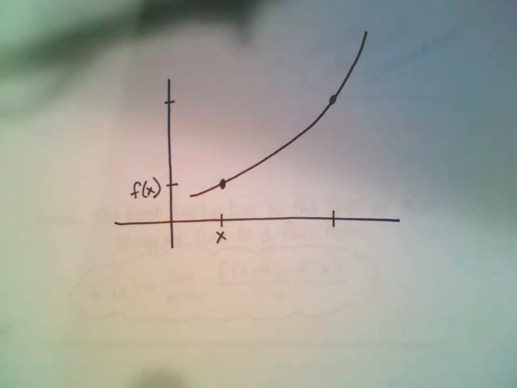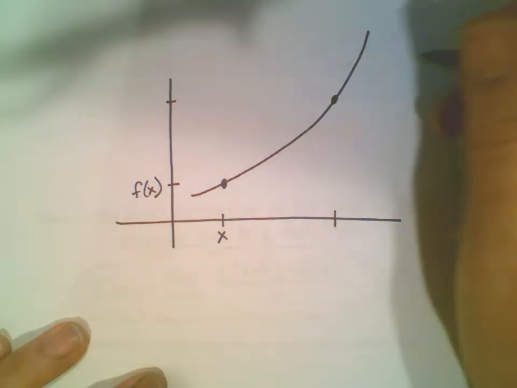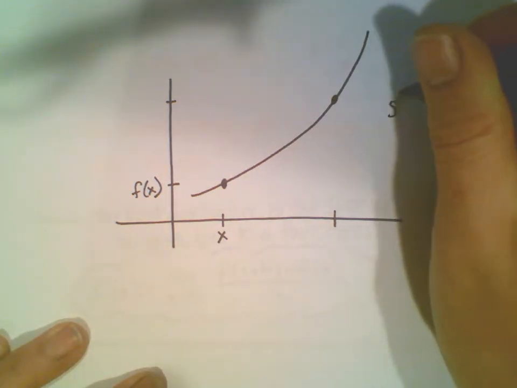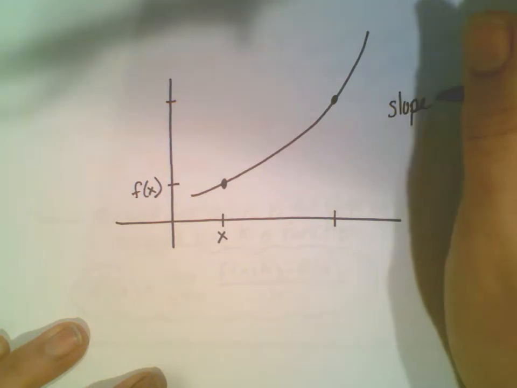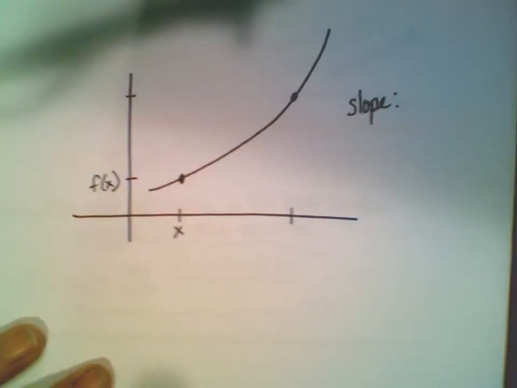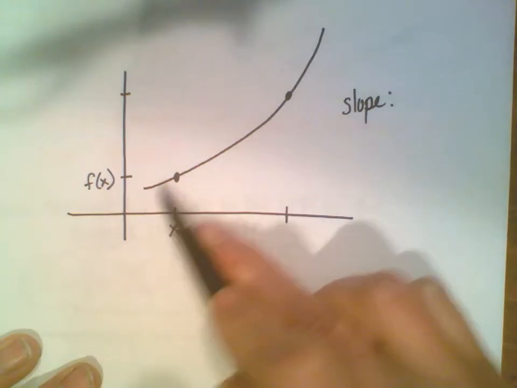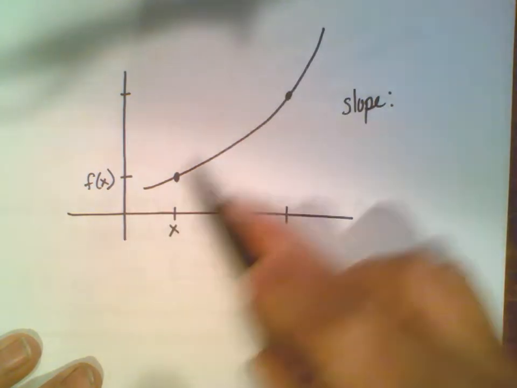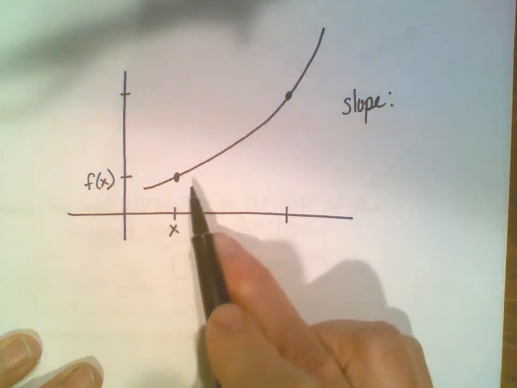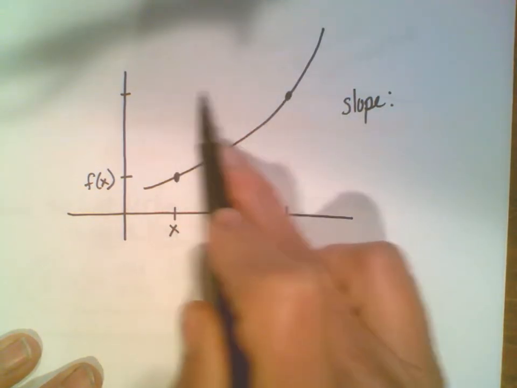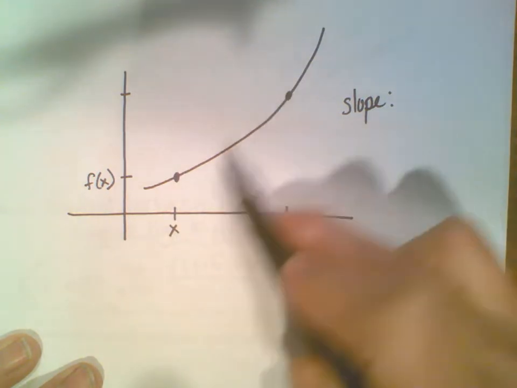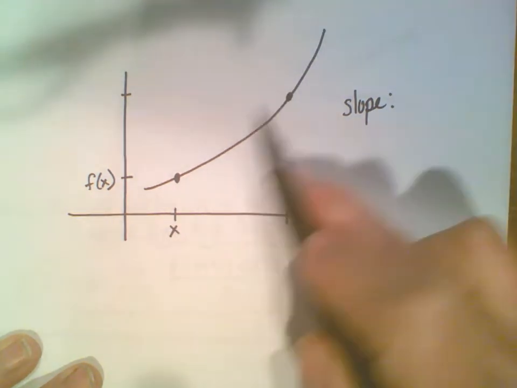There are a couple things that we need to discuss before we get into this. The first thing is that the definition of a derivative deals with the term slope. And remember, slope is the pitch of the line between 2 points. It's the rise over the run between 2 given points.